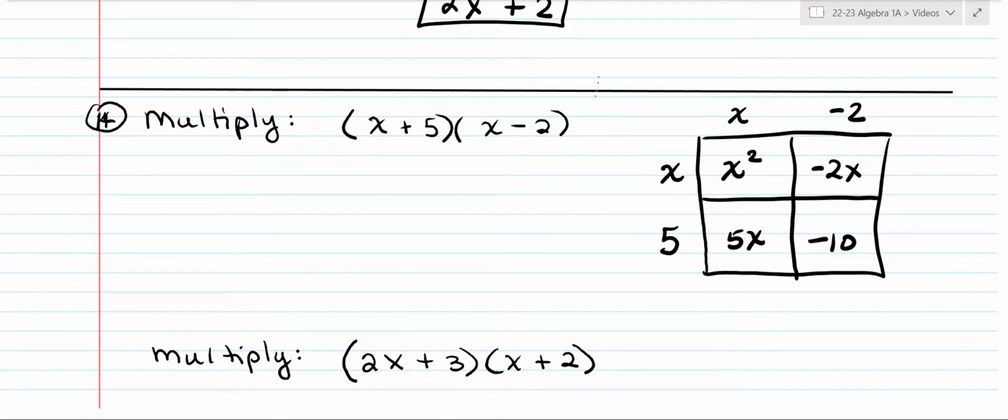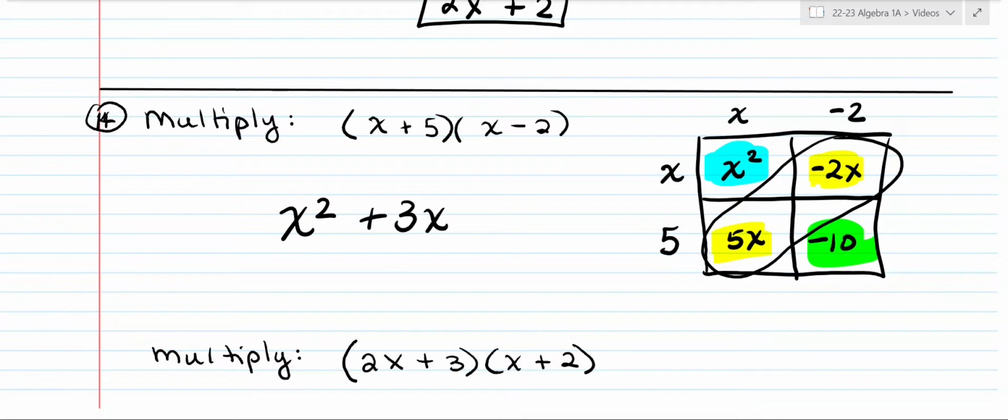Then you ask yourself, are there any like terms? And the answer is yes. Those two are like terms, and these are not. So your final answer is going to be x squared. What's 5x and negative 2x? That's just 3x. And then minus 10.